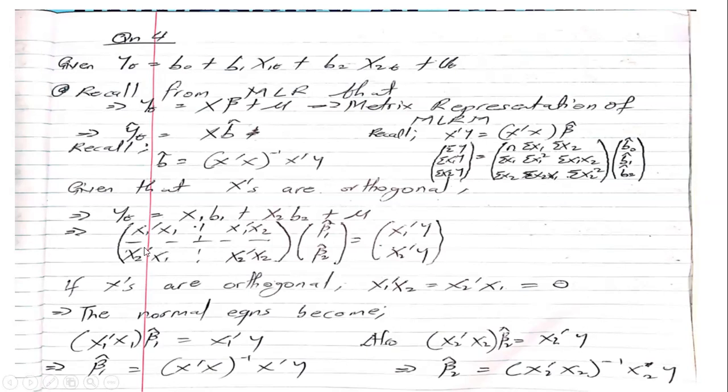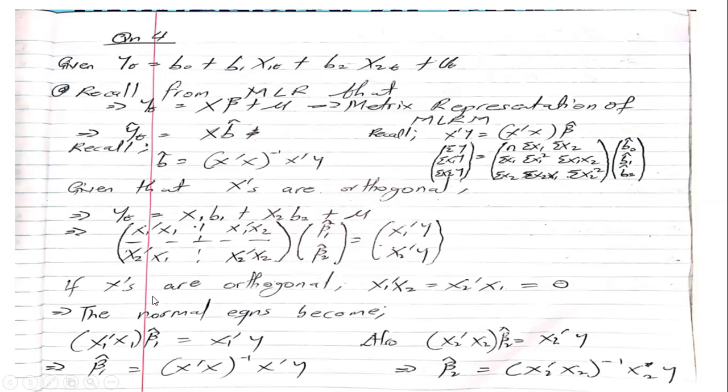For row 2, we have x2 prime x1 and x2 prime x2. And these are the parameters, because these are the regression coefficients, beta 1 and beta 2. And these are X prime y, so we have x1 prime y and x2 prime y. Because of the orthogonality, they stand alone. Good.